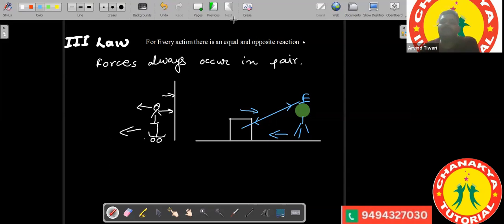We will see this in various other examples. I think you might have heard this one a number of times: a rocket moving up. When a rocket moves up, who is applying the force on the rocket?